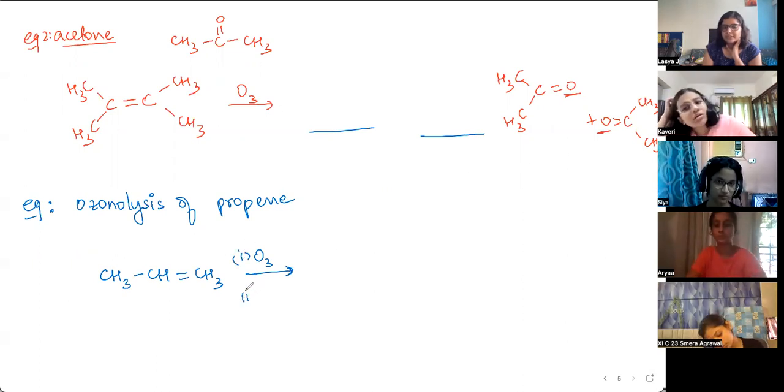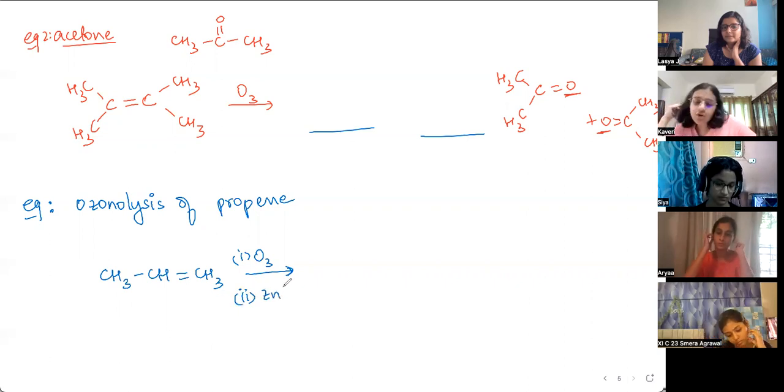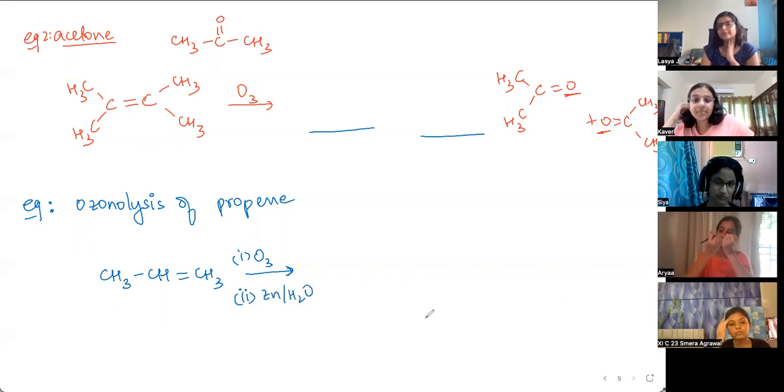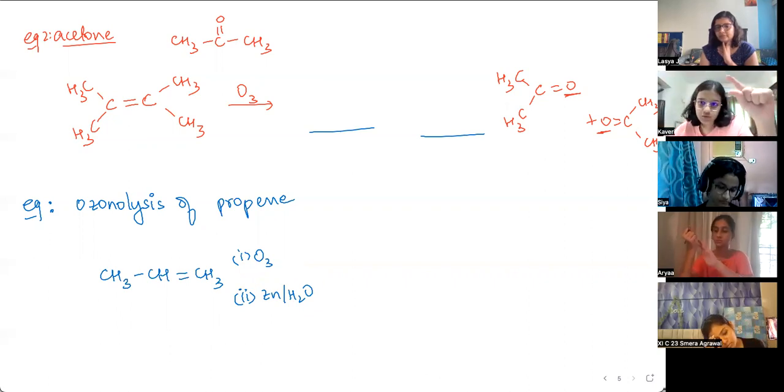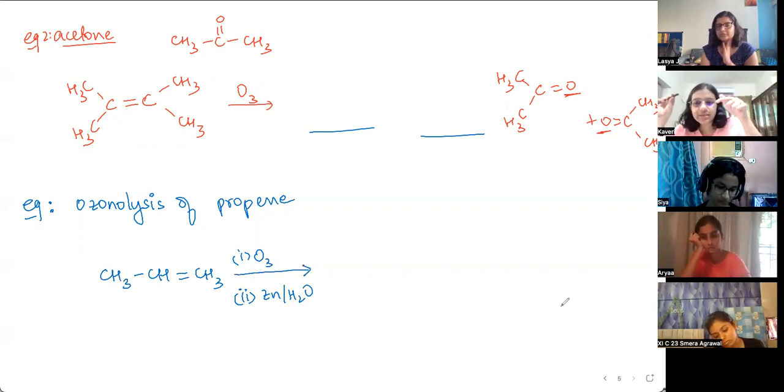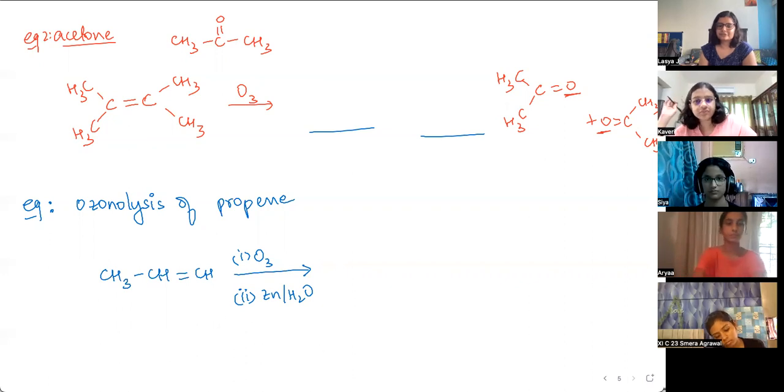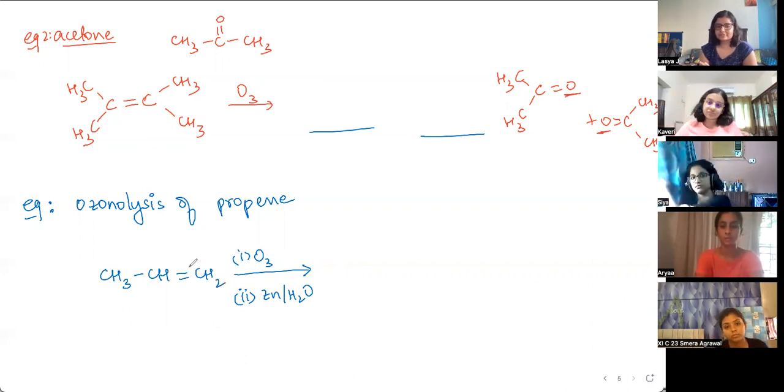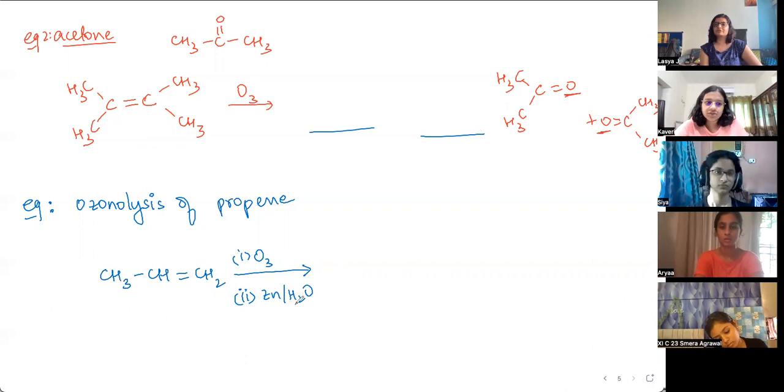We're not always supposed to get the same product. For example, for acetone, we got acetone plus acetone, right? It's not always necessary because this is not symmetrical. So you'll have to see what is there on both sides. One of the products has to be the aldehyde or ketone, it doesn't have to be both.